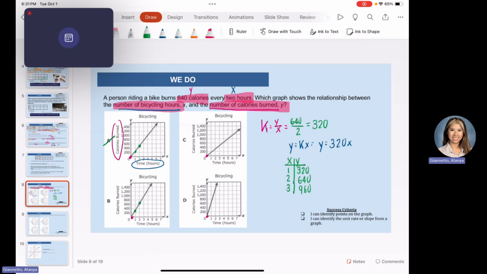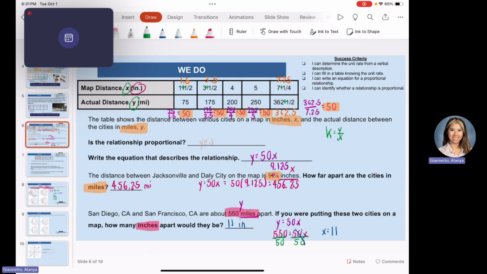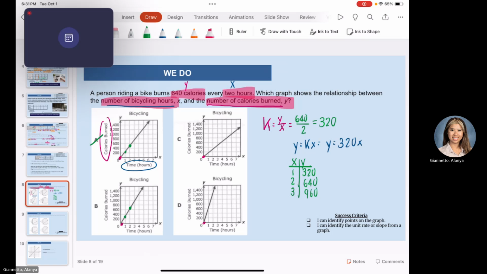Then 2, it's between 600 and 800, so it definitely could be 640. For 3, it's between 800 and 1,000, so it could be the 960. So it could be B, but I'm going to look at C and D.